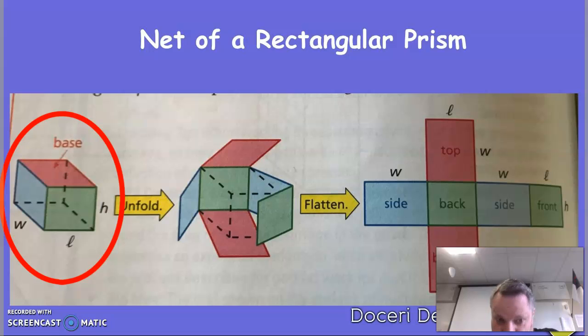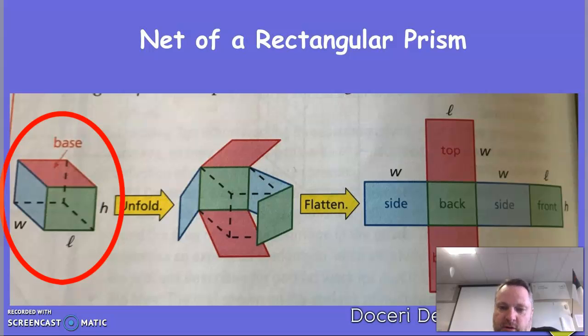The best way to do this is to unfold the shape. In math, we call this making a net of the rectangular prism. So making a net is the same thing as unfolding a shape. If we start with the rectangular prism at the left and we unfold it, we end up with something that looks like a cross.